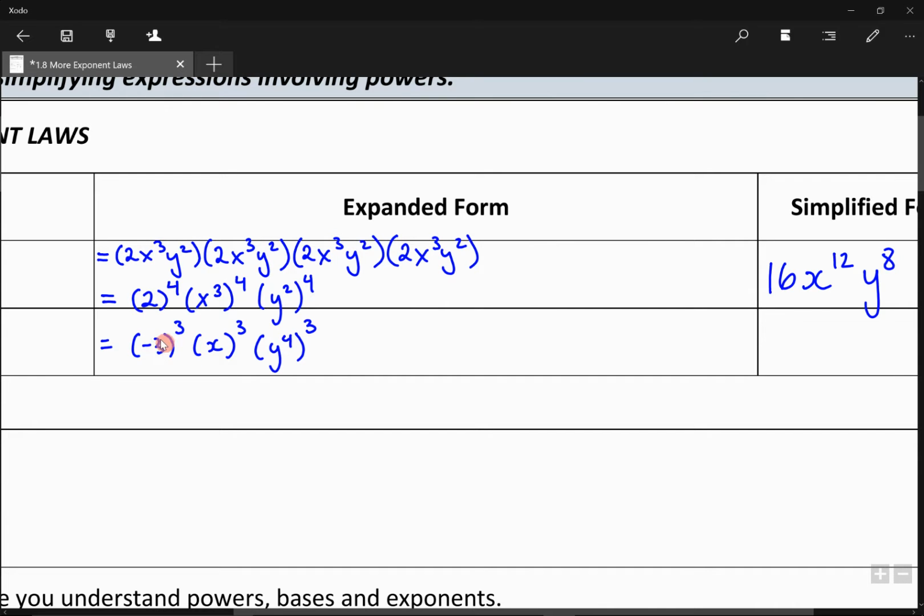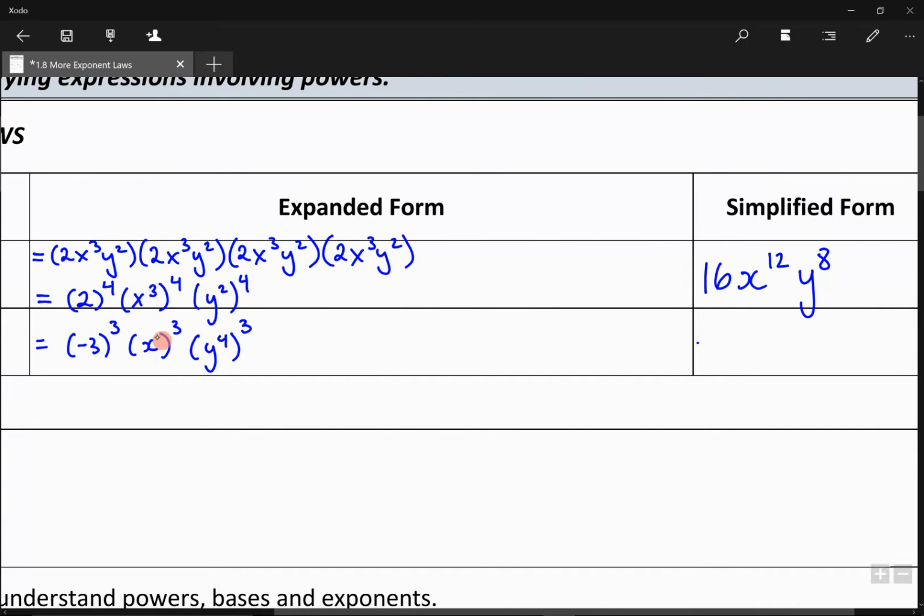Remember, 3 negatives still make a negative. So negative 27, and x cubed, removing the brackets from that. And y to the power of 4 to the power of 3, multiply the exponents, it's power law, so it's going to be y to the power of 12. Okay?